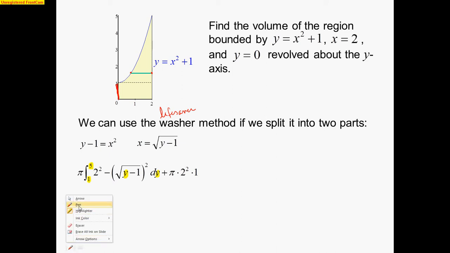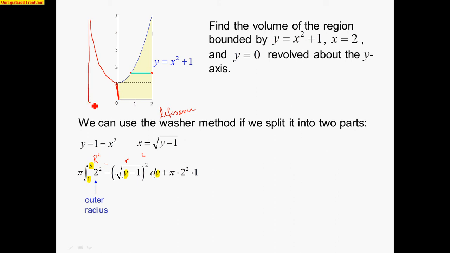Now what's my integrand? Right? This is capital R squared minus little r squared. Capital R is a constant of 2. Do you see that?